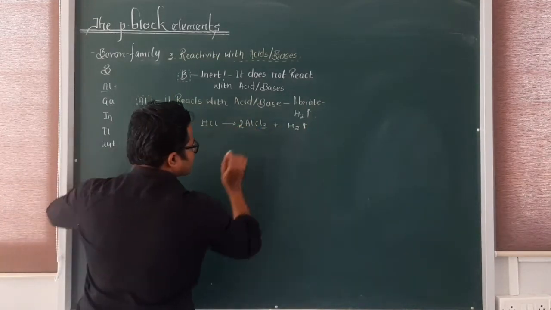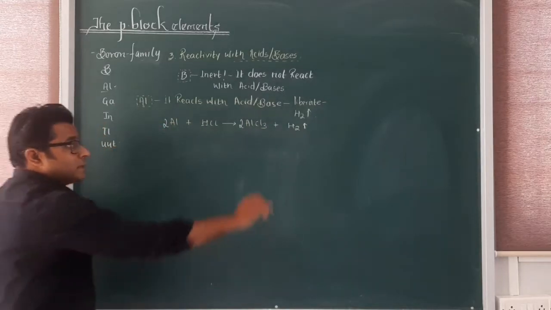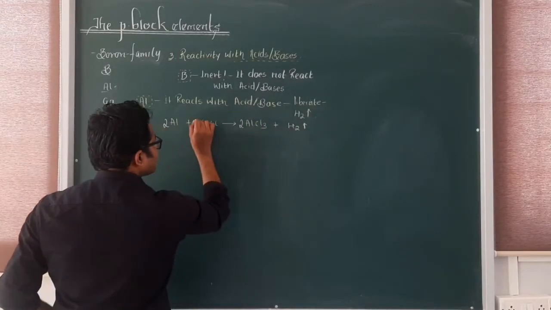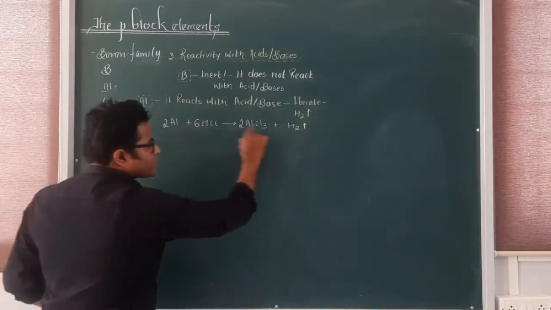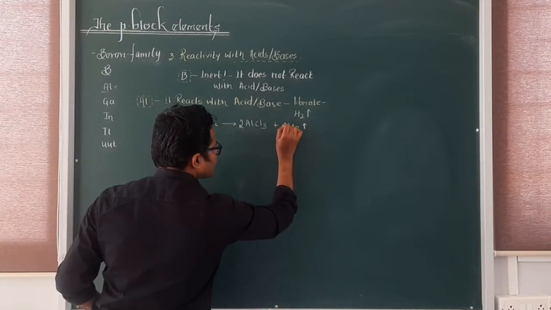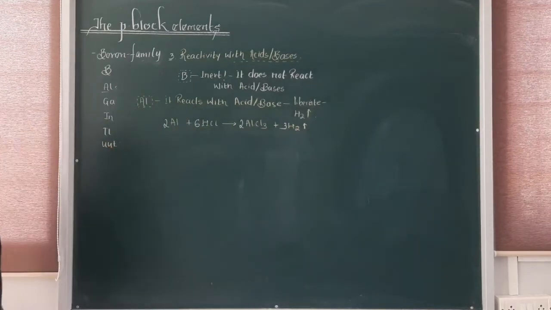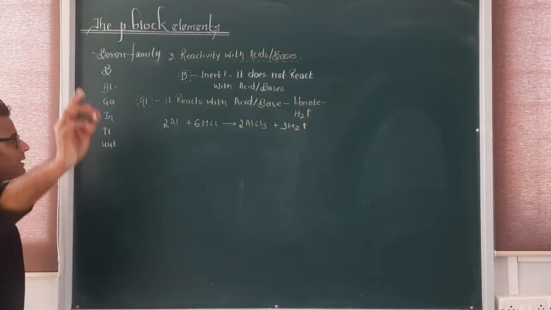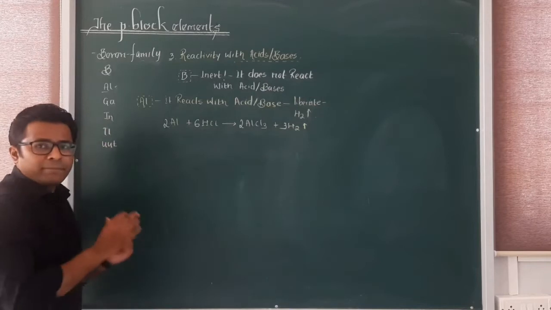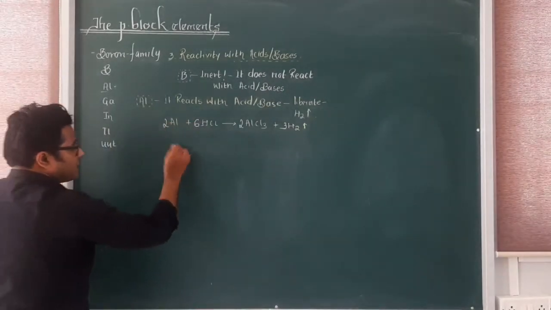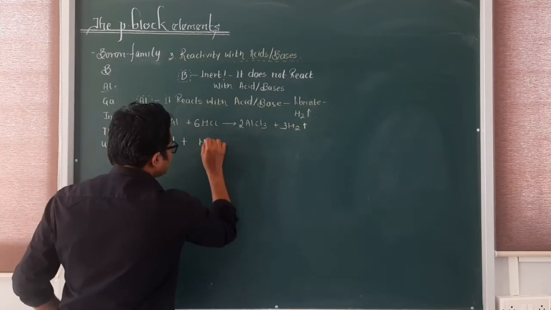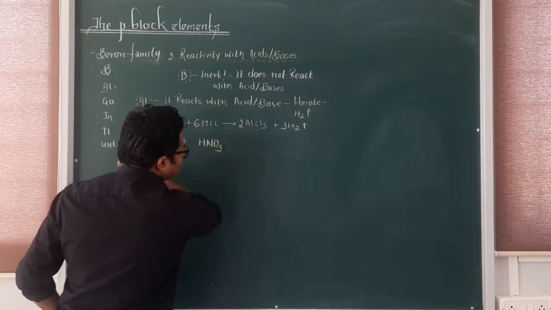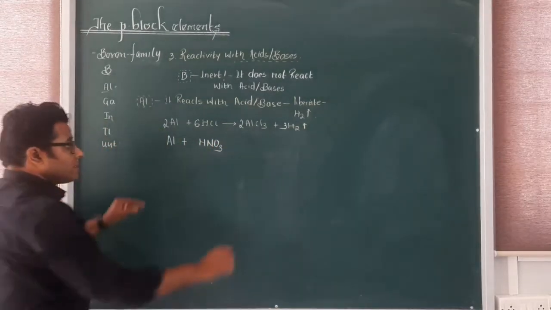So here it becomes 2 aluminum. 2 into 3 is 6, and therefore we need to have here 6. So 6 hydrogens, but here there are 2 hydrogens. In order to balance it, let's take over here 3. Okay, so now what happens if we react this aluminium with, instead of HCl, concentrated nitric acid HNO3.